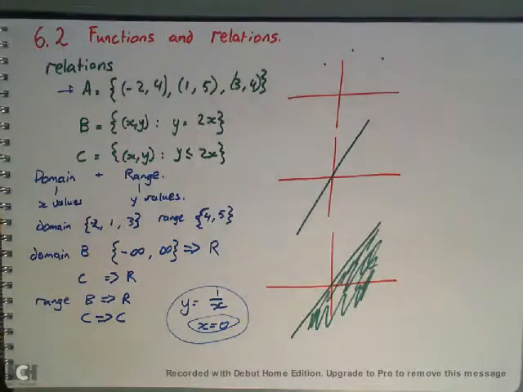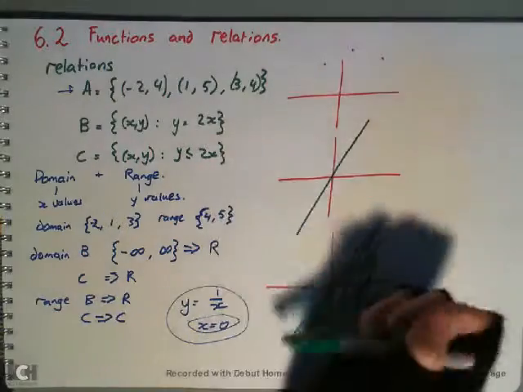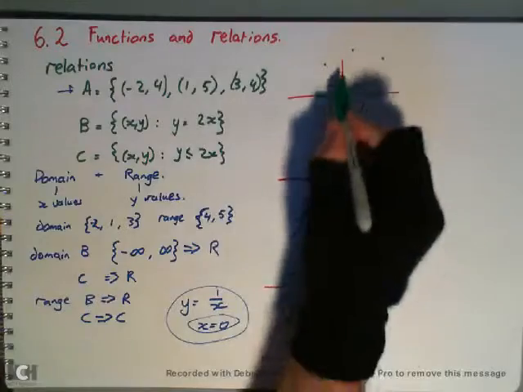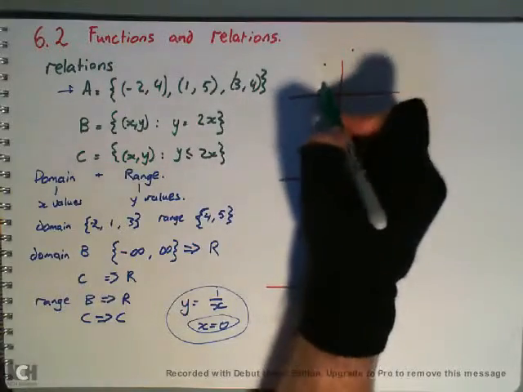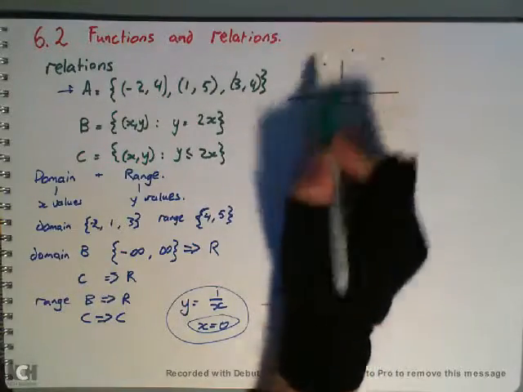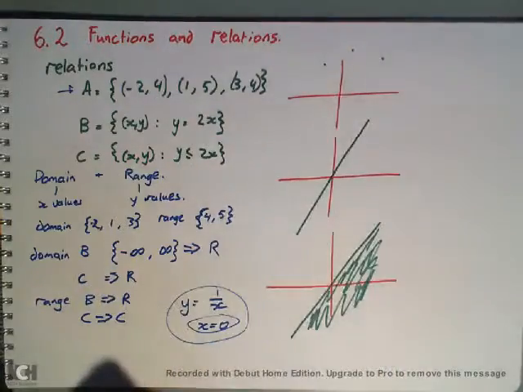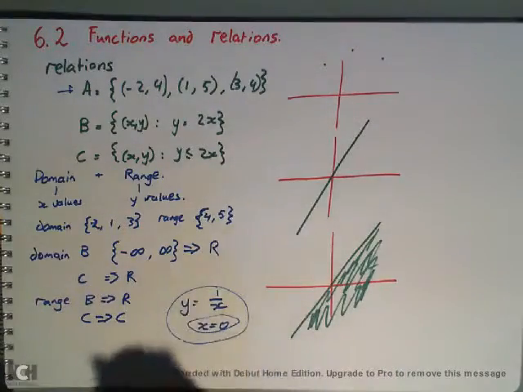What we're saying is every x value has to relate to a unique y value. A and B are true, because this point here relates to a unique y, and this point here relates to a unique y.